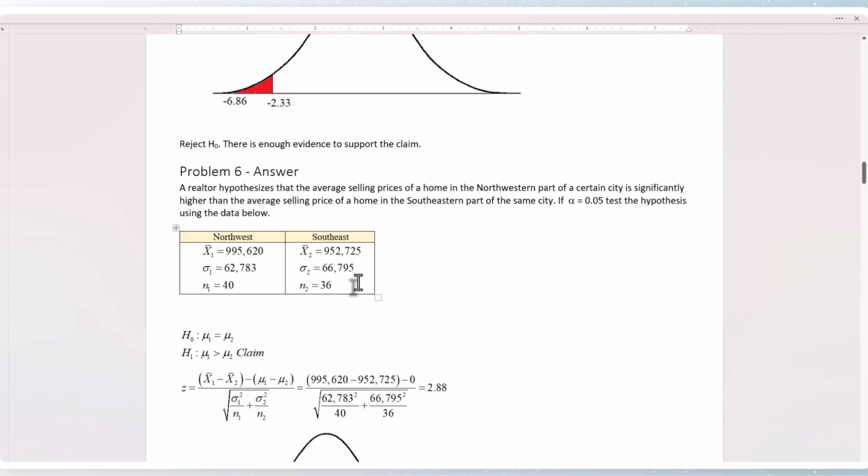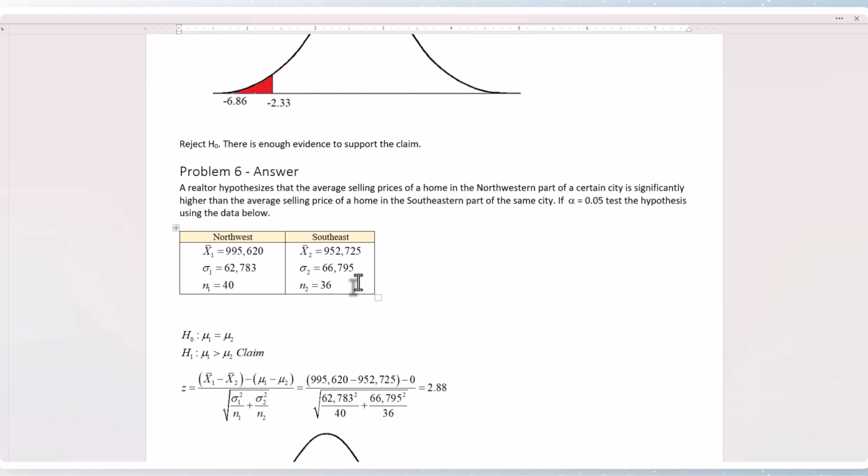Number 6 is also a z-test comparing two means. It states a realtor hypothesizes that the average selling price of a home in the northwestern part of a certain city is significantly higher than the average selling price of a home in the southeastern part of the same city.